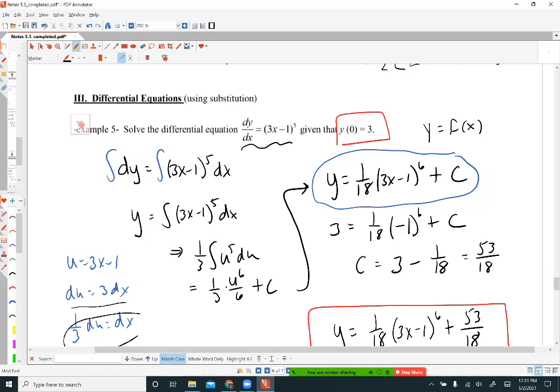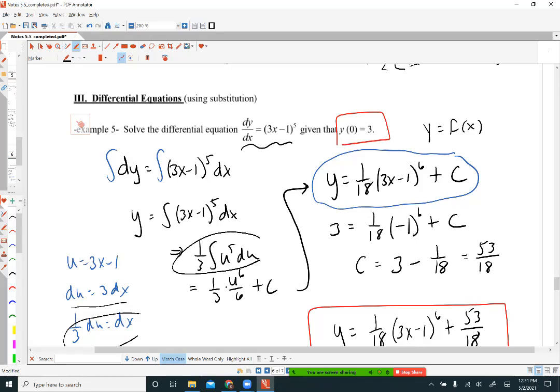So the integral of 3x minus 1 to the 5th dx is the same as 1/3 u to the 5th du, and you get u to the 6 over 6 times 3, so u to the 6 over 18 plus c. Go back to the original variable: the general antiderivative is 1/18 times 3x minus 1 to the 6 plus c, because if you take the derivative of c, you get 0.